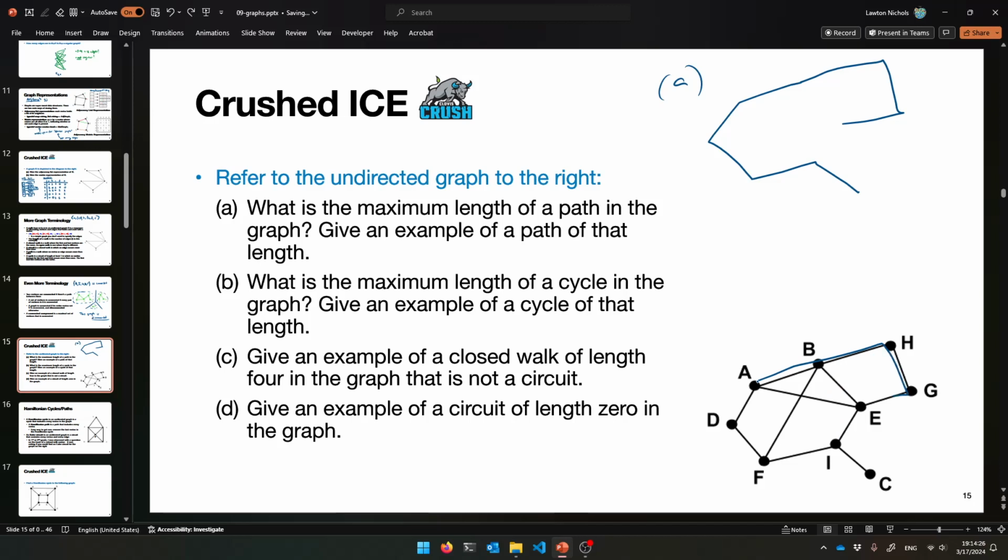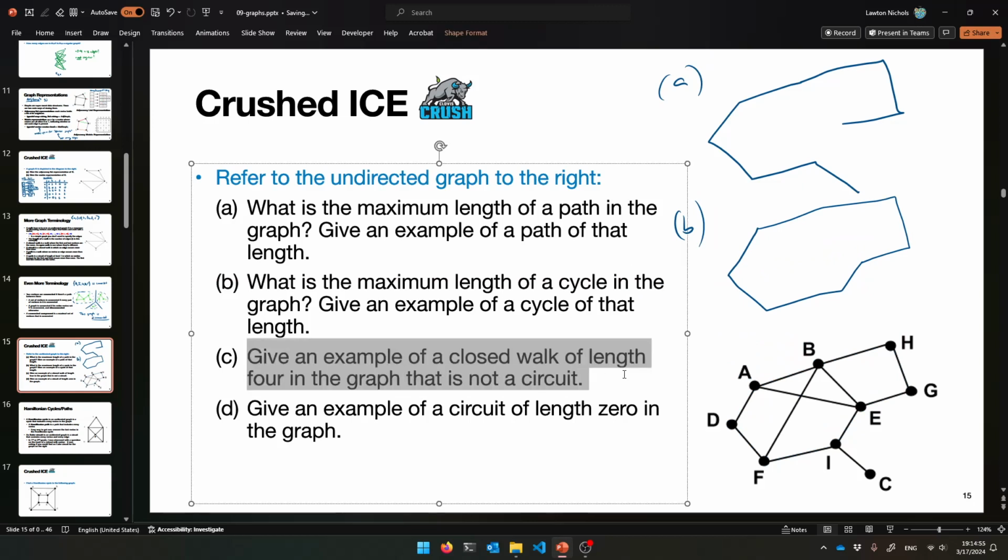Let's go around between all these guys. Can't go here because we'd be forced to come back. But go this way, down here, along this way, back to D, over to A, complete the cycle. And I've not reused edges. The only vertex I reused was the first one, which I'm allowed to do because it's a cycle. That would be the longest cycle, I would say. I think that's the only option for that one in the graph.